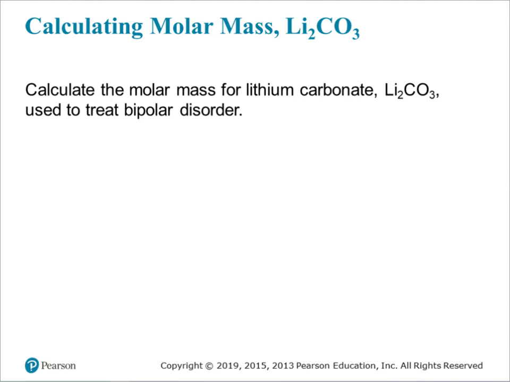And what you have to do is figure out how many lithiums you have, how many carbons you have, how many oxygens, and then you total everything up. So your molar mass is going to be equal to all of the lithium plus all of the carbon plus all of the oxygen.